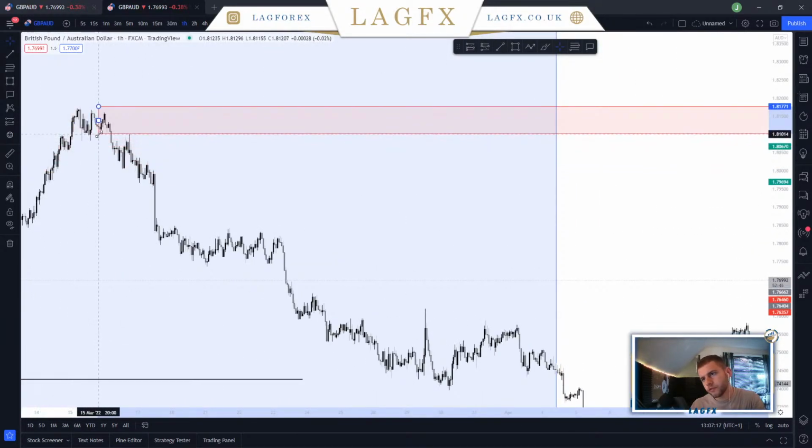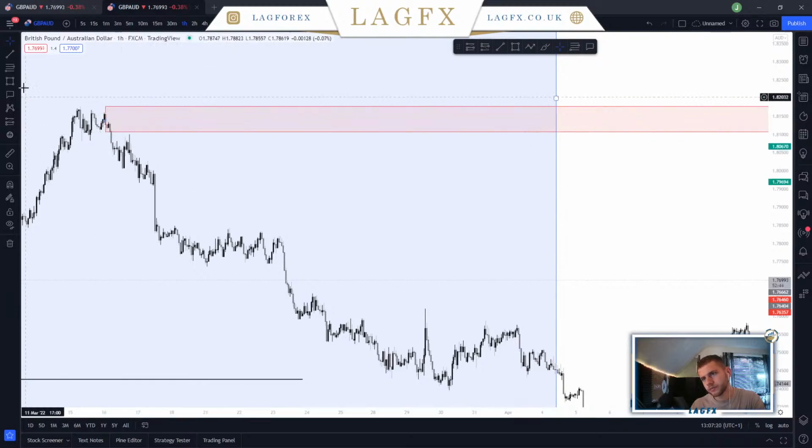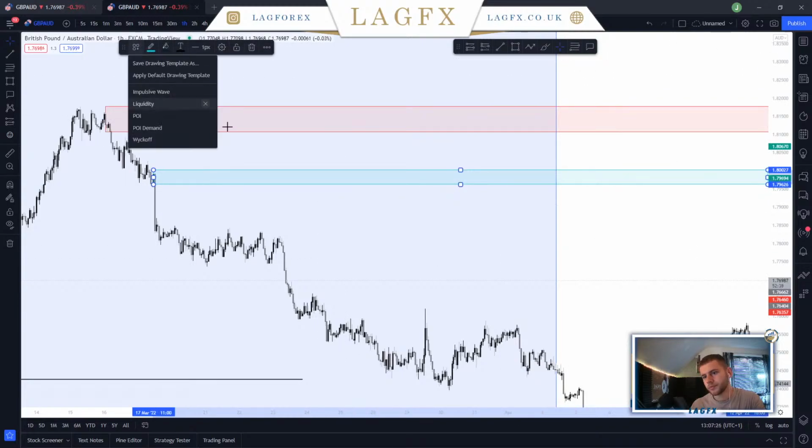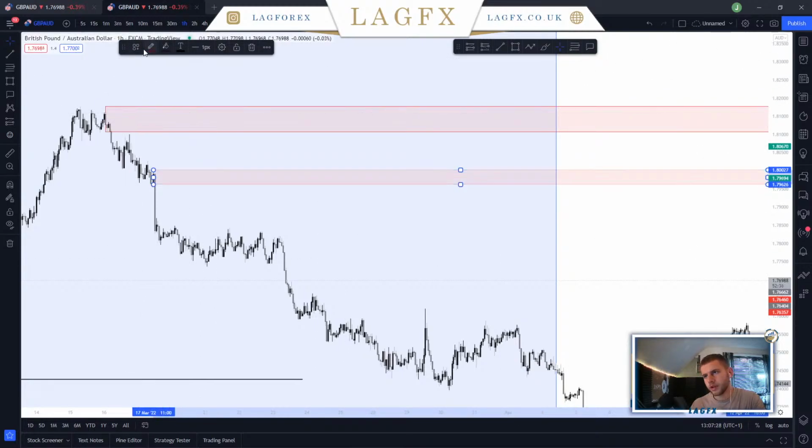Definitely look to refine some of the zones inside of this. That's a POI.